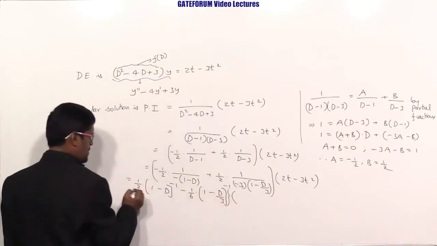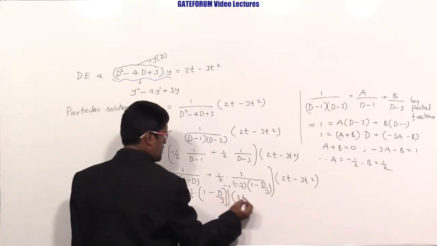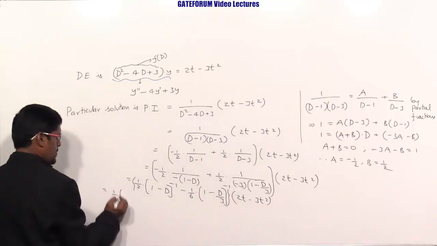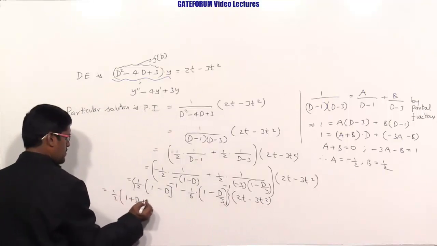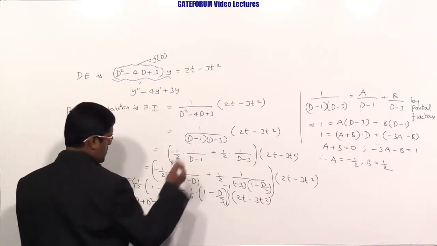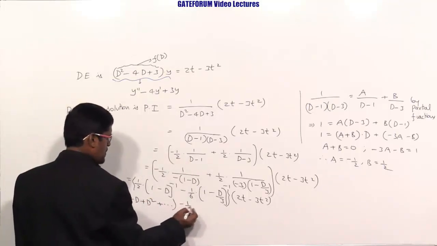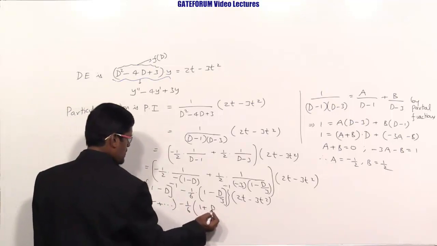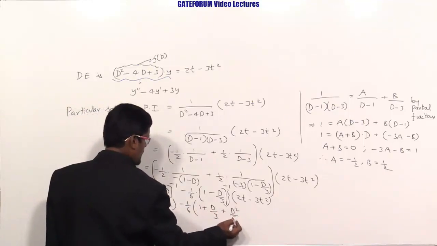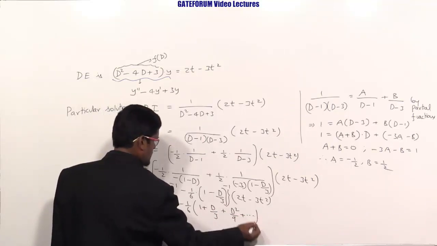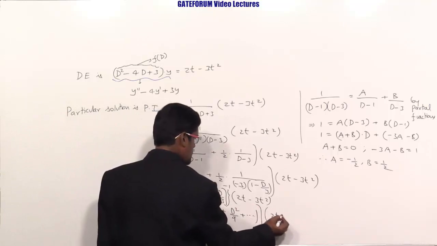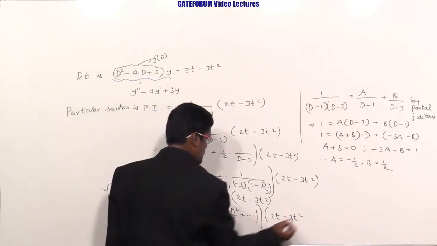The first is half into (1 plus D plus D square, and so on). There is no use of getting higher order terms because of the power of t. And this is minus 1 by 6 into (1 plus D by 3 plus D square by 9, and so on), both again operated on 2t minus 3t square.